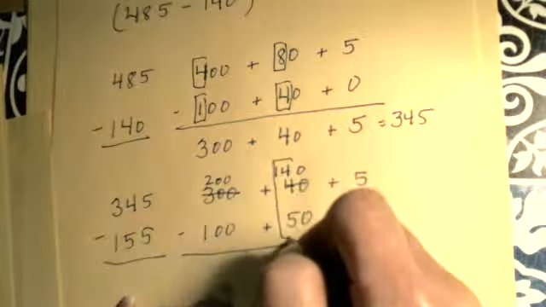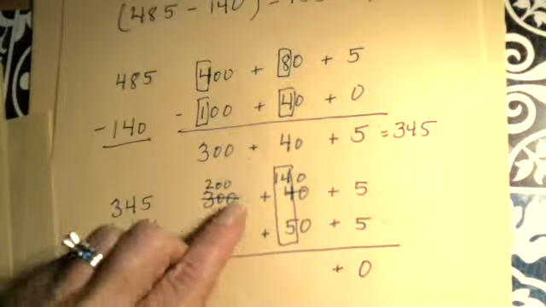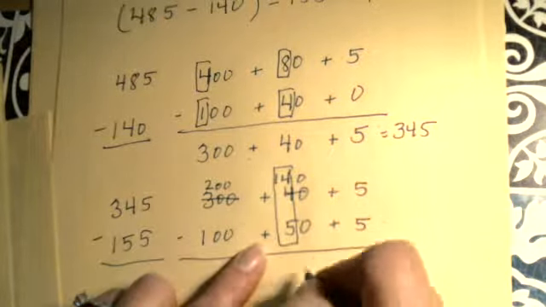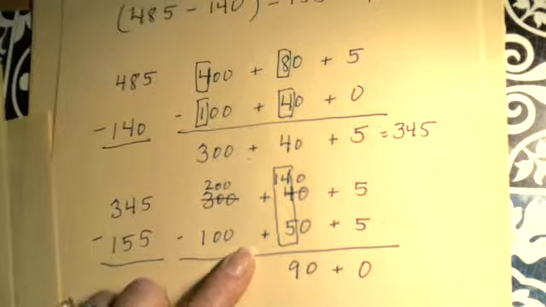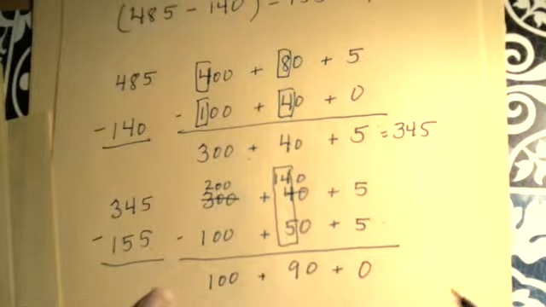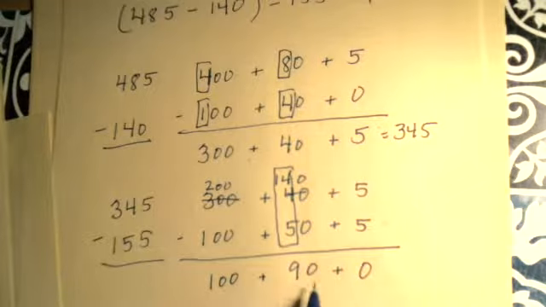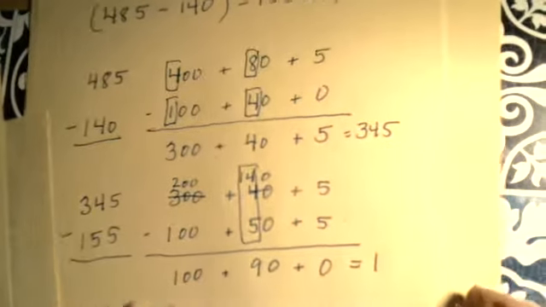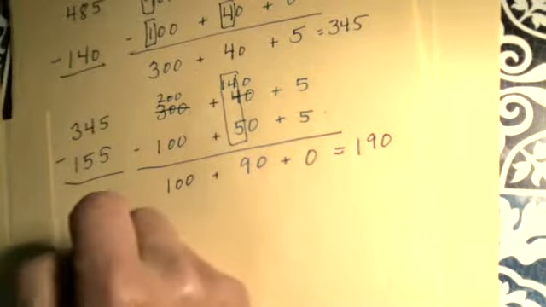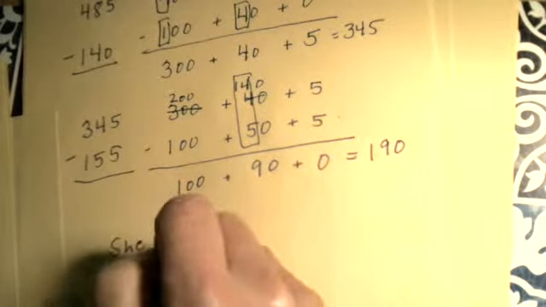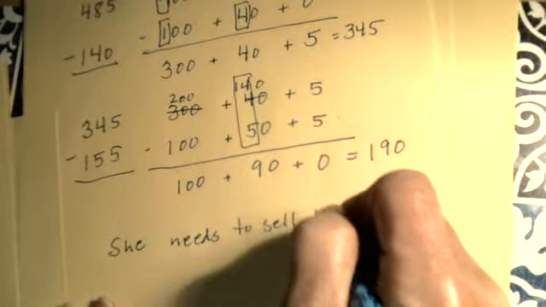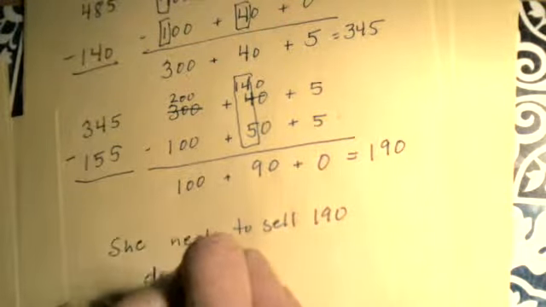So now I'm looking at the 140 take away the 50. That is 90. 200 minus 100 is 100. 100 plus 90 plus 0, 1 in the hundreds, 9 in the tens, 0 in the ones. Again, she needs to sell 190 donuts.